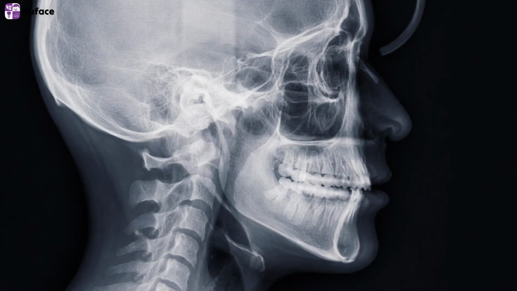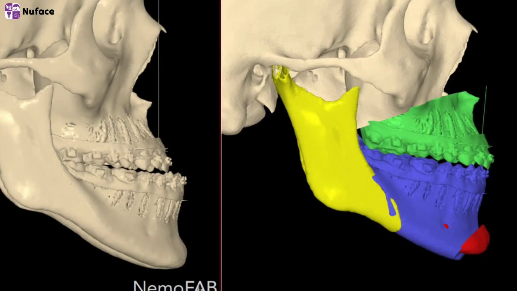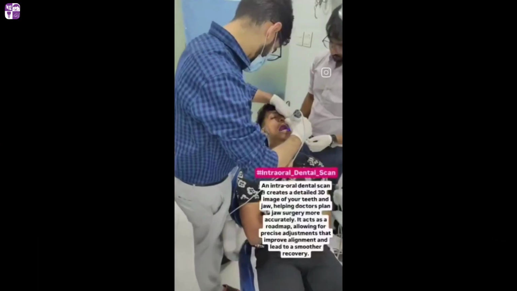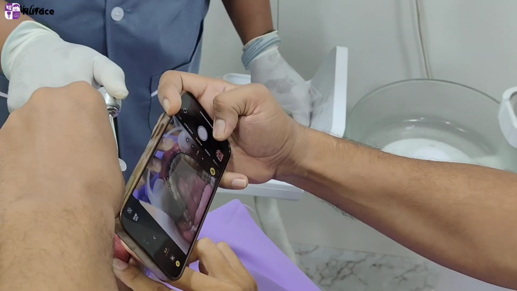As Dr. Utkarsh said, in conventional planning we advise a lateral cephalogram, a simple 2-dimensional X-ray, and some dental models. But for virtual surgical planning, we will need a CBCT or CT scan of the face. We will need an intraoral scan, and we feed all the data along with the patient's photographs, mostly calibrated photographs. So we can have millimeter by millimeter calculation of all the jaw bones, the teeth positions, and all the relative positions of the structures which require correction.